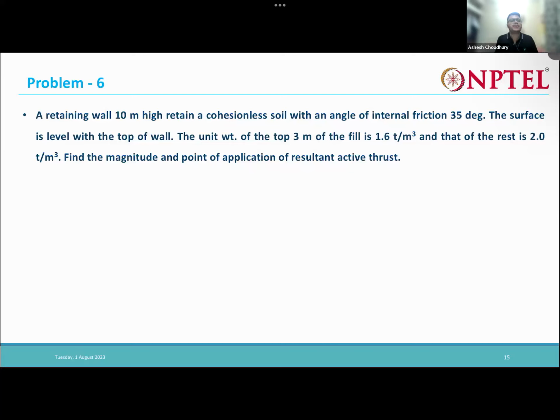So our main task is not to allow water to remain. We should allow the water to easily drain out from the backfill soil of the retaining wall, right?